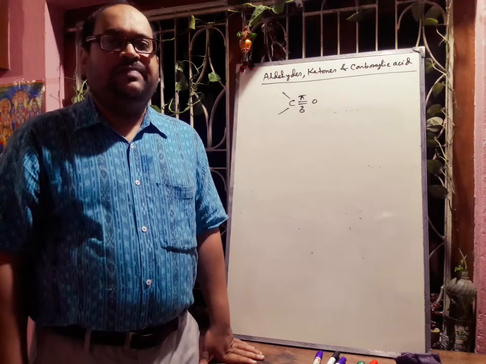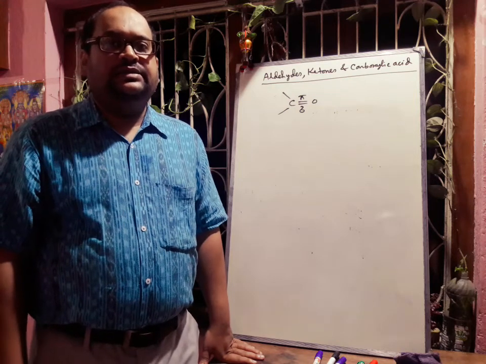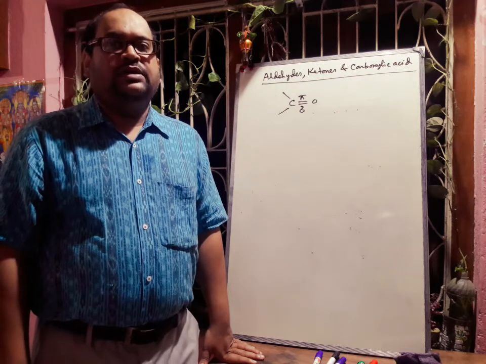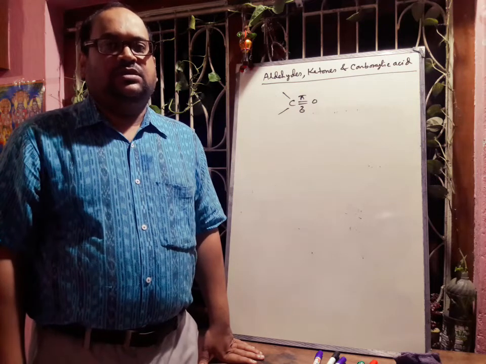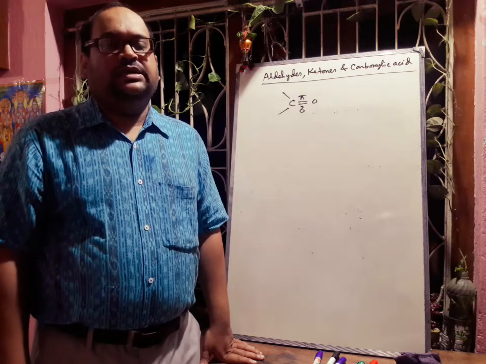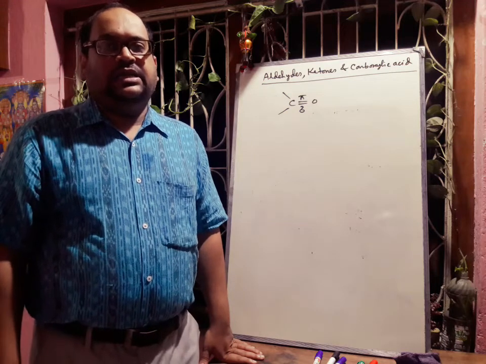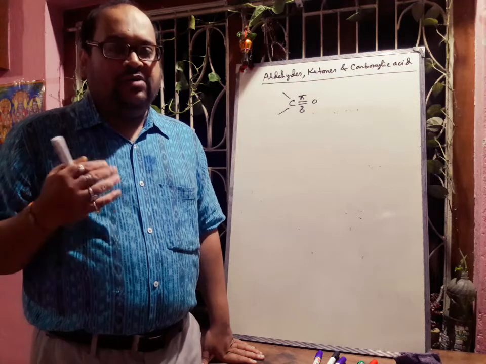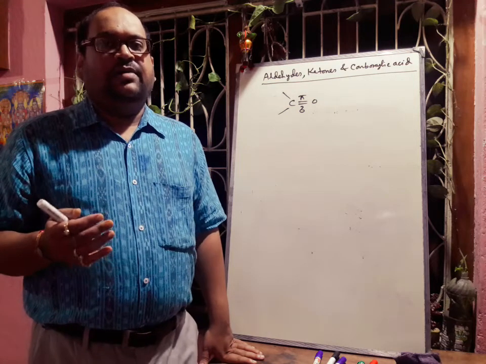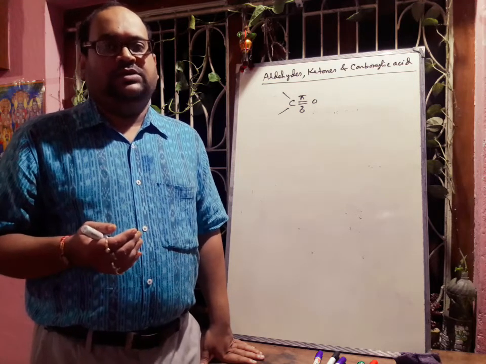It results in a planar structure and the carbonyl carbon is left with one unhybridized partially filled p orbital, and this orbital forms a pi bond by sideway overlap with the partially filled p orbital of the oxygen atom.